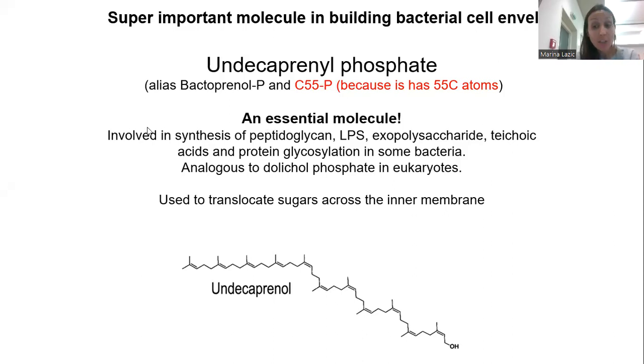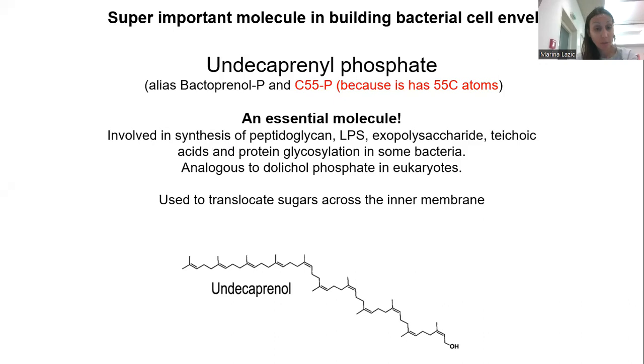This is an essential molecule, and it's involved not only in synthesis of peptidoglycan, but also in synthesis of lipopolysaccharides, exopolysaccharides, teichoic acid, and glycosylation in some bacteria. It would be the analog of dolichyl phosphate in eukaryotes, and it's used to translocate sugars across the inner bacterial membrane.